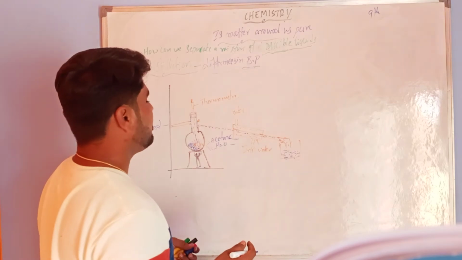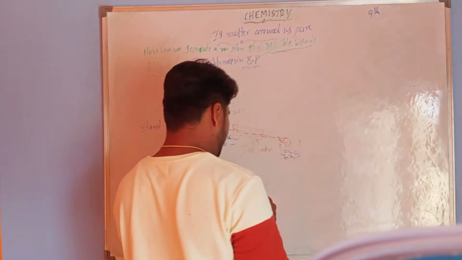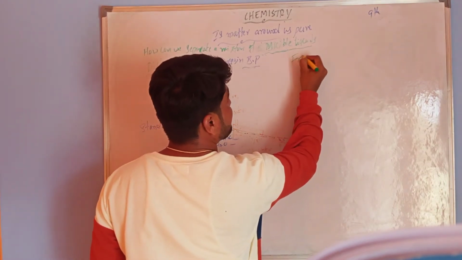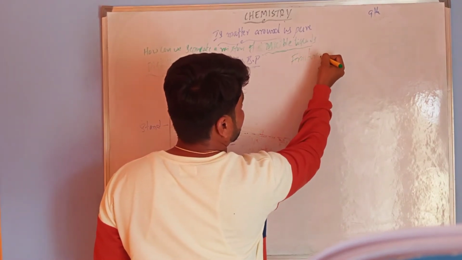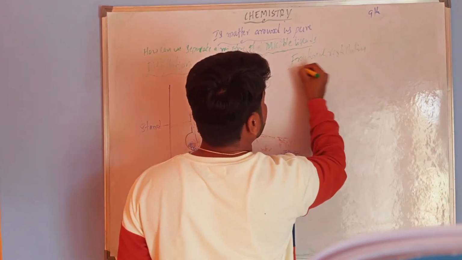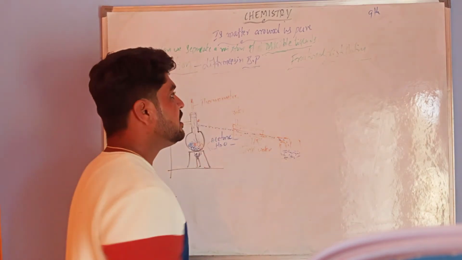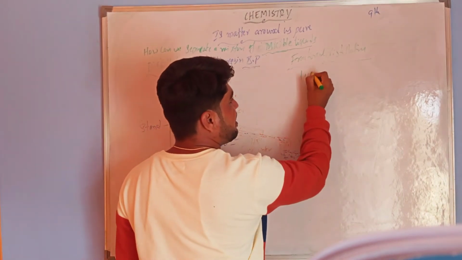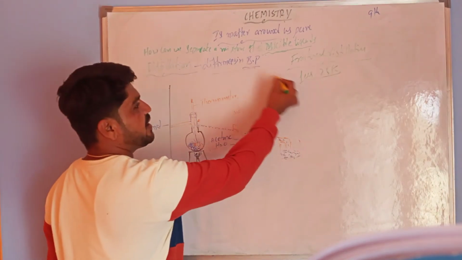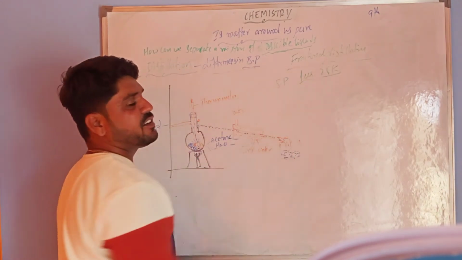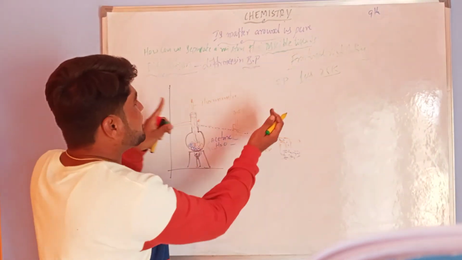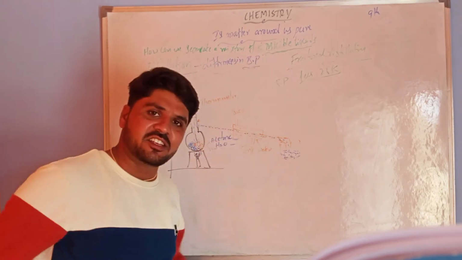One more thing is fractional distillation. We use fractional distillation when the boiling points differ by less than 25 Kelvin. Only then do we have to use fractional distillation. What is the difference between distillation and fractional distillation?